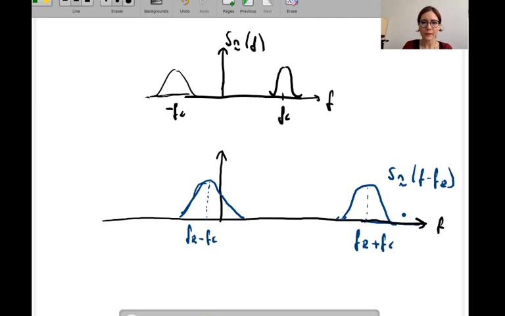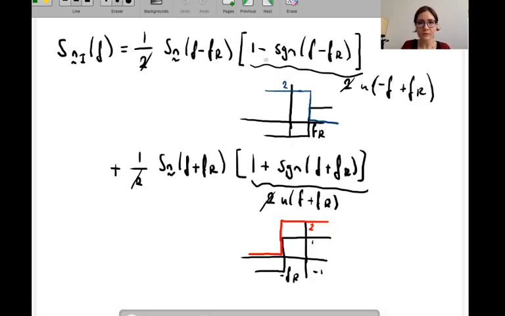Before we do the same thing for the shift to the left, let's also discuss the effect of this unit step function. So this unit step function takes the whole expression and keeps it, the 2 factor has cancelled, but it keeps it until the frequency fr, but for frequencies larger than fr, it sets the spectrum to 0.